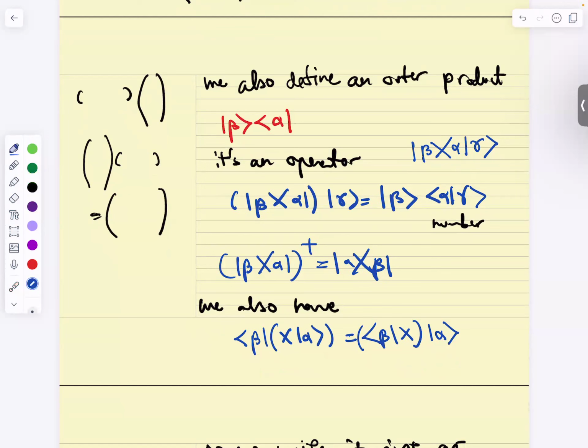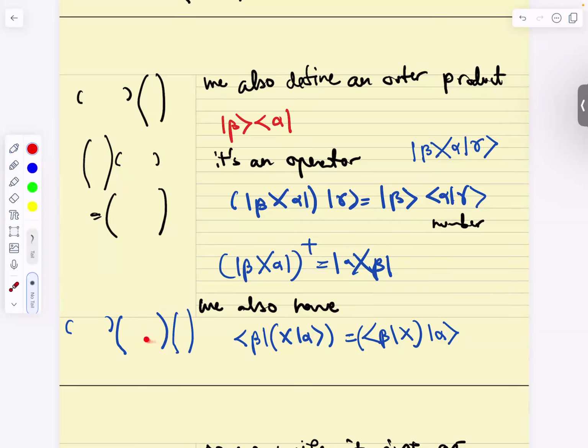So I'm going to be writing these kinds of expressions. Oh, actually, sorry, I had another point here. So now let's act on the right of a ket by an operator, and then take the inner product of it with a bra. That is like a row vector, a matrix and a column vector.